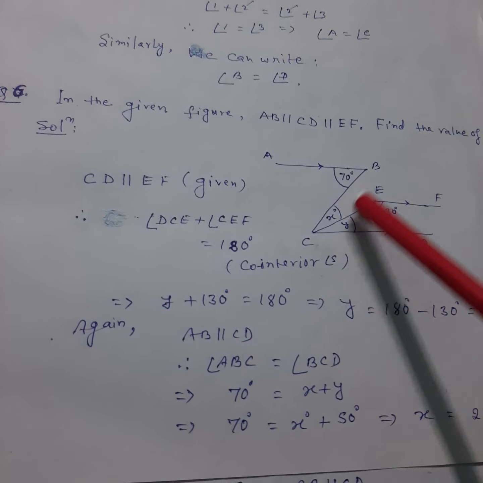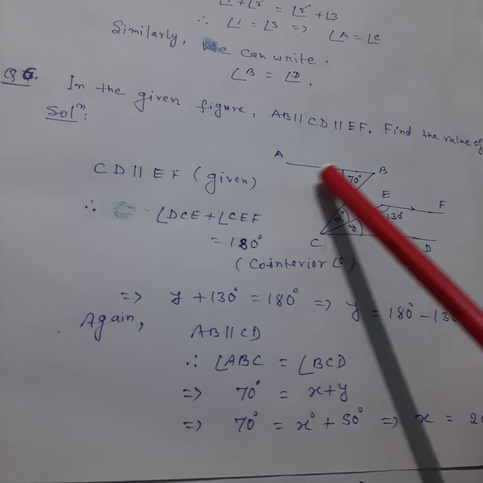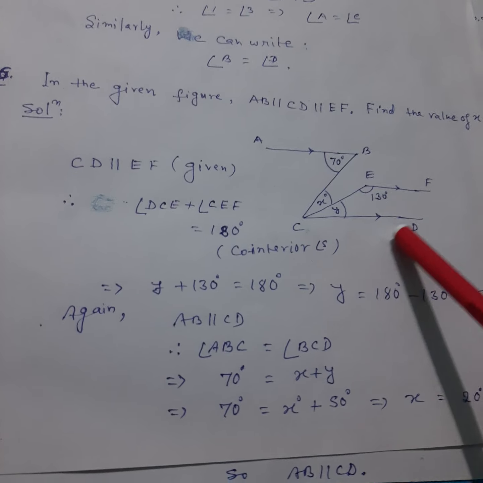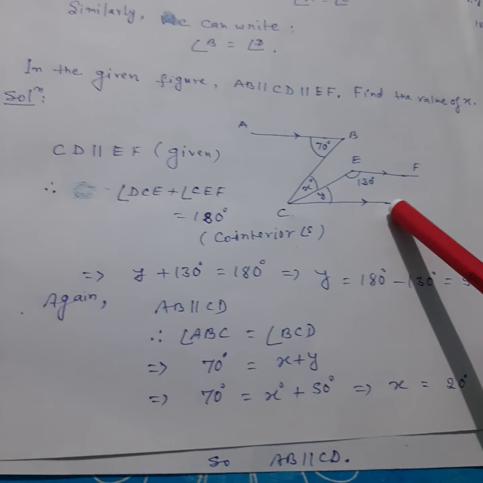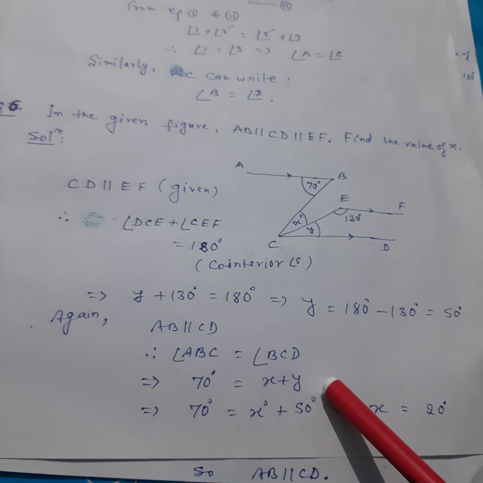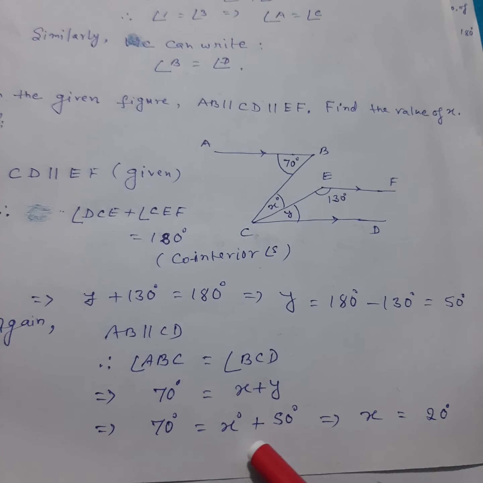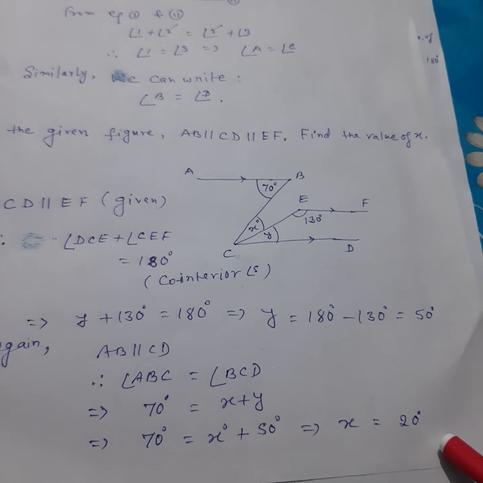Now again AB is parallel to CD, with the transversal, so angle ABC equals angle BCD, that is 70 degrees equals x plus y, or 70 degrees equals x plus 50. So x equals 70 minus 50 equals 20 degrees.